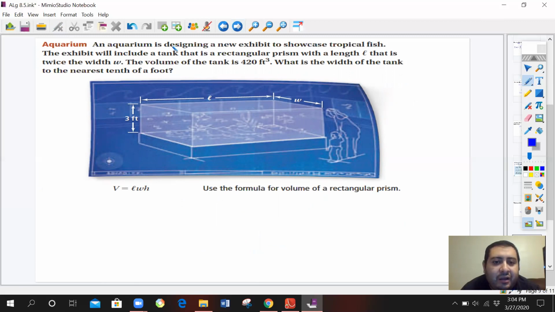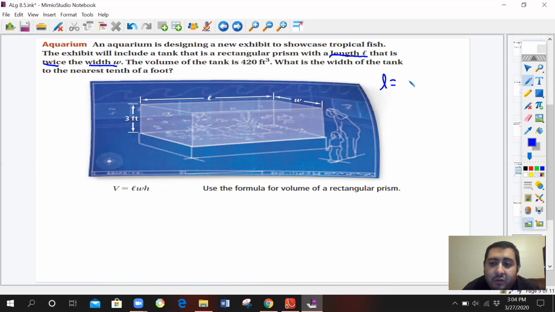An aquarium is designing a new exhibit to showcase tropical fish. The exhibit will include a tank that is a rectangular prism with a length of L that is twice the width of W. So let's go ahead and label that first.